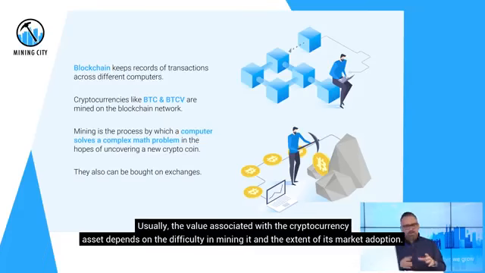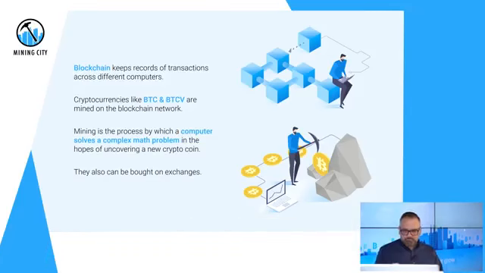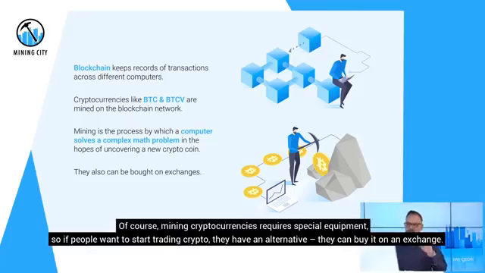Usually, the value associated with the cryptocurrency depends on the difficulty in mining and the extent of market adoption. Of course, mining cryptocurrencies requires special equipment. So, if people want to start trading cryptocurrencies, they do have an alternative. They can buy it on an exchange.